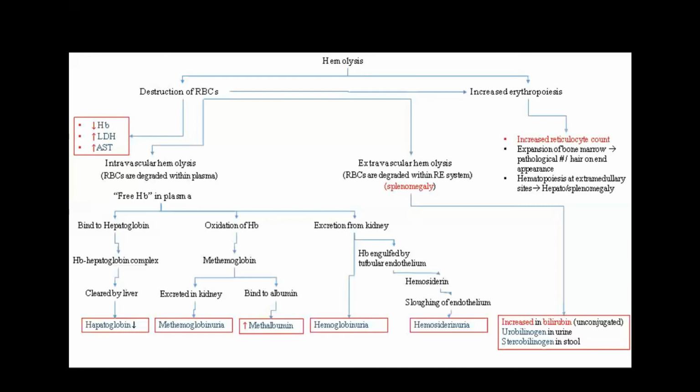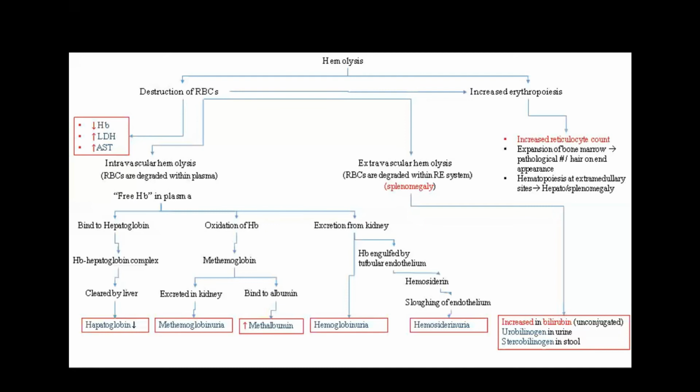Bilirubin will be formed and this will be unconjugated. But initially, when it is being formed, the conjugating capacity of the liver is not saturated, so initially the conjugated component will increase. Then in due course of time, when more and more bilirubin is being released by hemolysis, it will exceed the conjugation capacity of the liver.